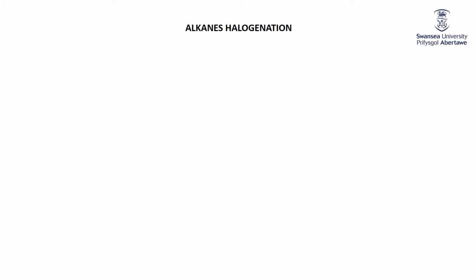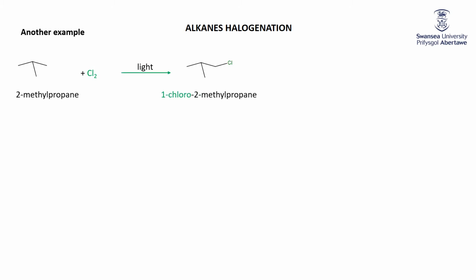Let's do another example. Let's take the isomer of butane, 2-methylpropane. Again, you've got 4 carbon atoms. You can see those in this rather horrible skeletal structure. But anyway, react that with chlorine, shine light on it, and we can either make 1-chloro-2-methylpropane or 2-chloro-2-methylpropane.